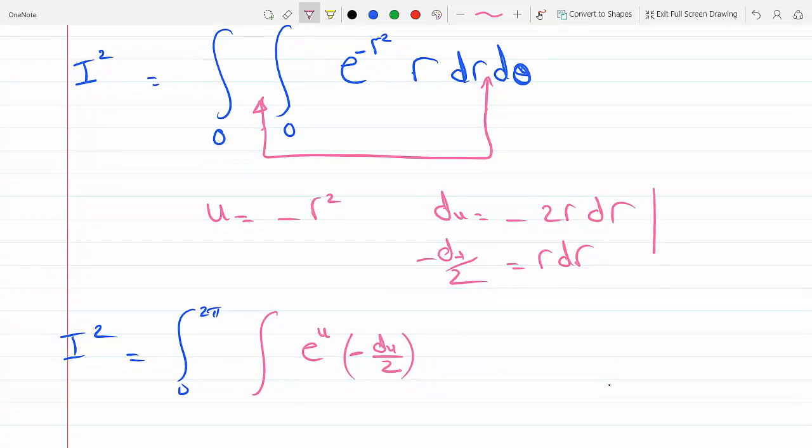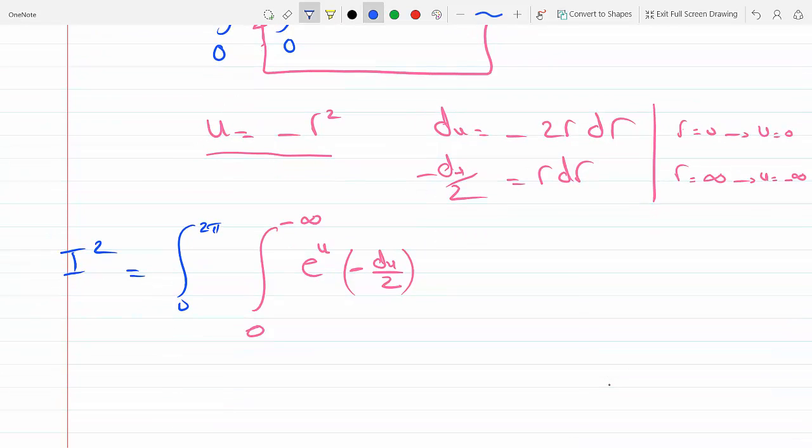And let's do the bounds here. If r is 0, u is 0, and if r is infinity, then u is minus infinity. So this goes from 0 to minus infinity.